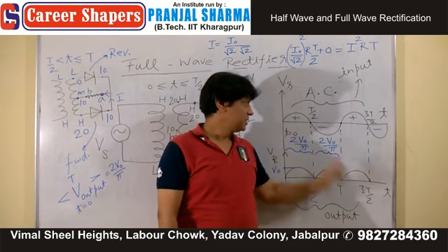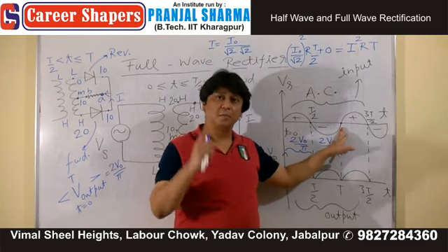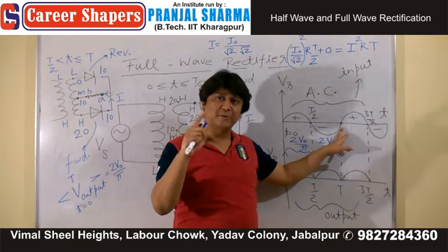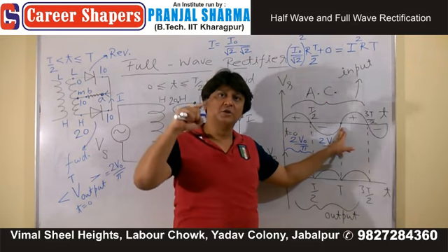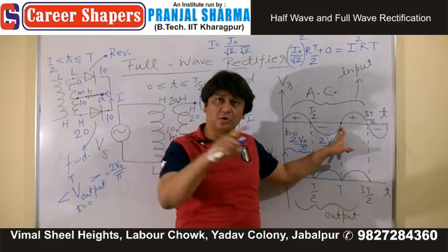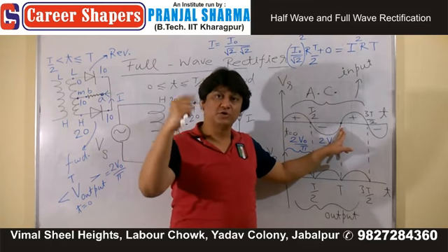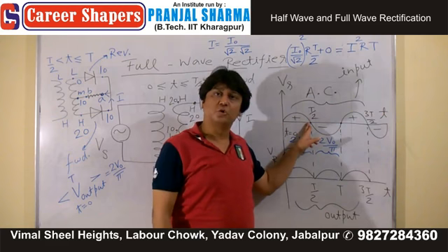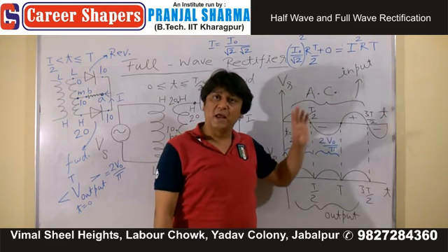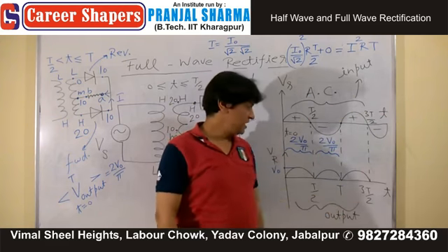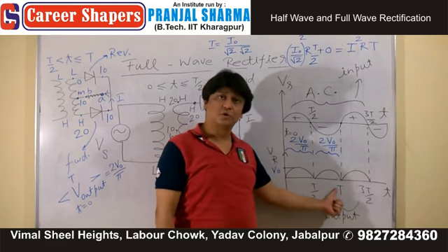Listen again. This is the negative part, but during the RMS process, you go for square, mean, root. When you go for square, this negative also becomes positive. And then there is no difference between this and this.